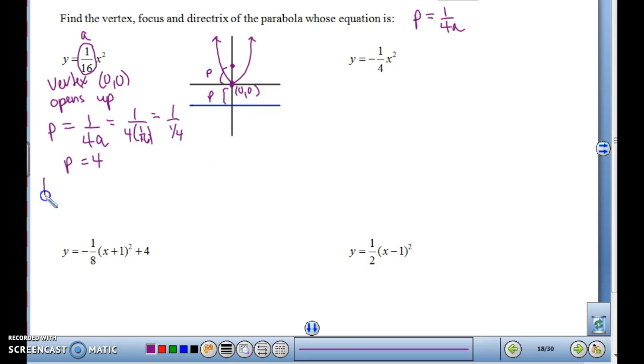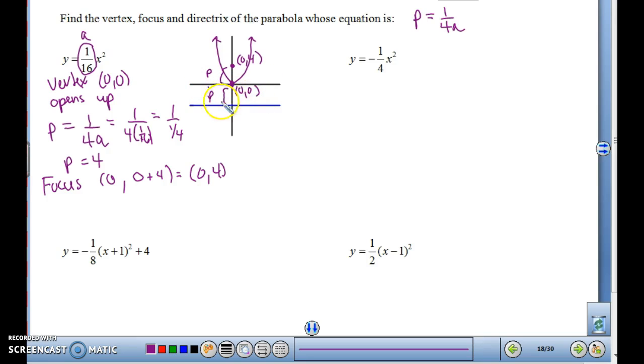So my focus, since this is pointing up, I know the x-coordinate is going to be the same. It's still going to be 0. And then my y-coordinate is going to go up by 4. So it's 0 plus 4. So my focus is going to be at the point 0, 4. All right, my directrix, since this is pointing up, is below the parabola. So it's going to be 4 units below the x-axis.